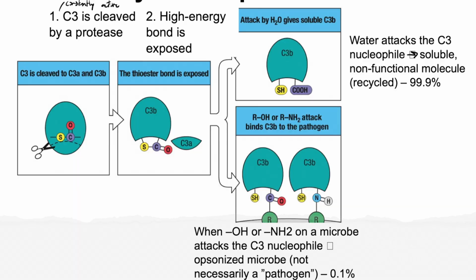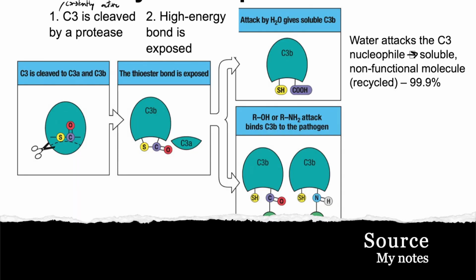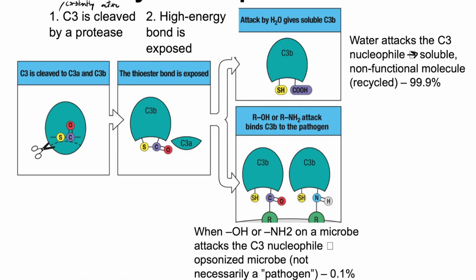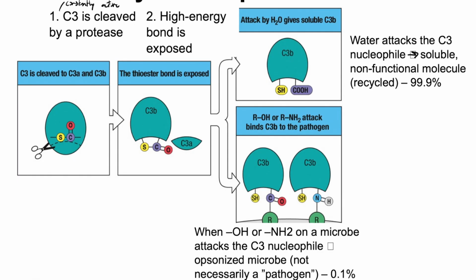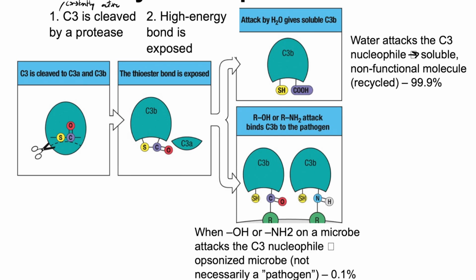So you have a bunch of these complement proteins in your blood. One of them is called C3. When C3 is just floating around your body, it can get cleaved into C3b and C3a, which I'll talk about in a sec. But C3b is going to have this exposed reactive bond. Usually it'll just react with water, and then you have a useless C3b that's just floating around your body and will get degraded at some point.